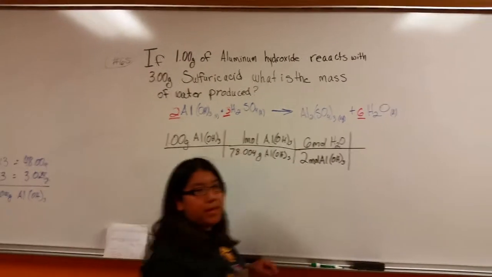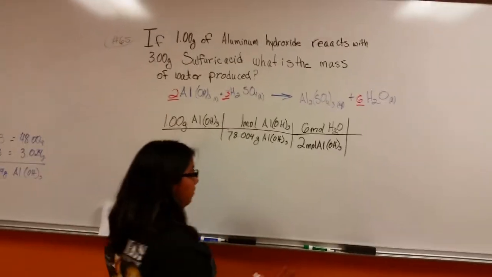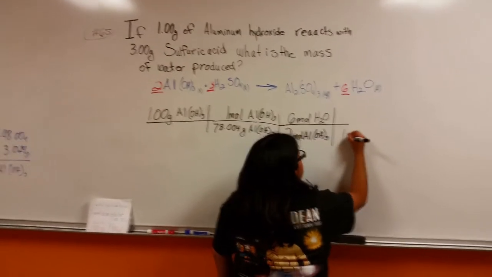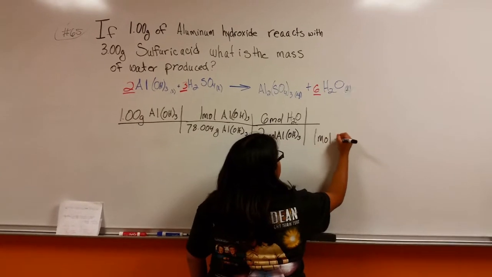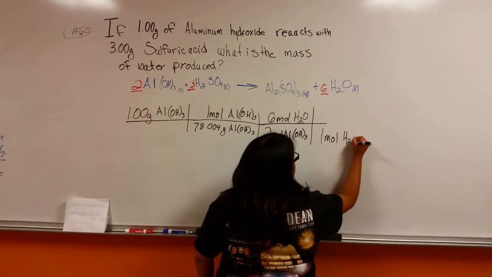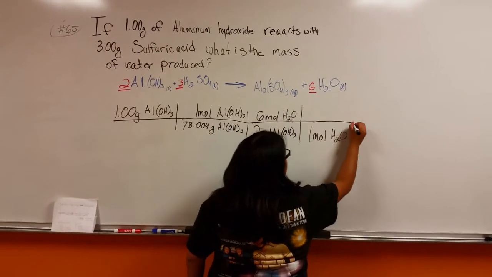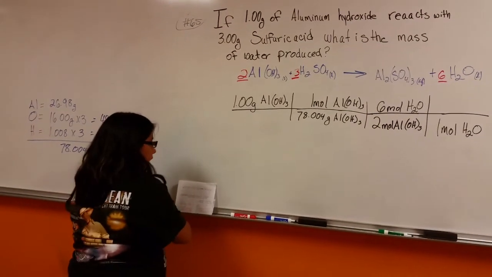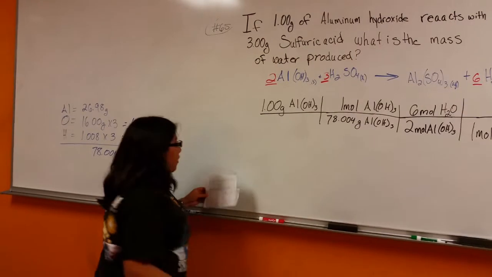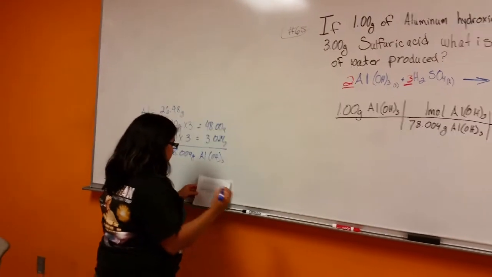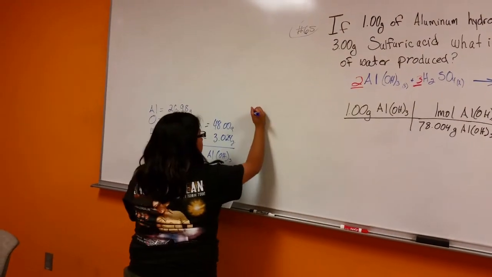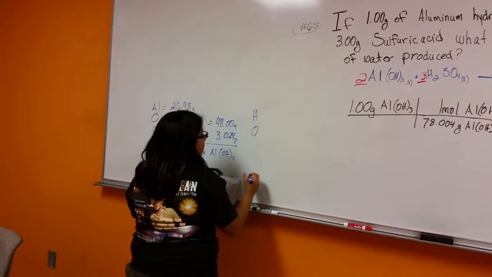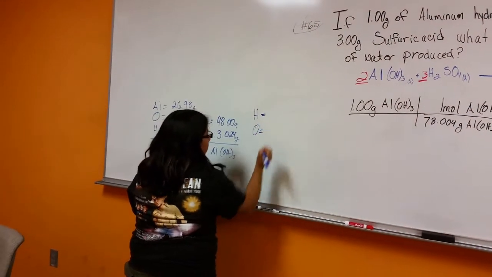But we're not done yet because we want to get water back into grams. So we come over here and do 1 mole of H2O water. But we have to do the molar mass for water now, which we're going to use in both parts of our equation anyway. So if we come back over here, we know that there is hydrogen and oxygen in water.